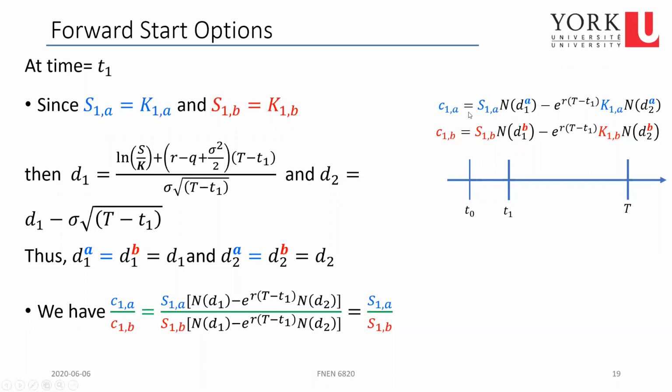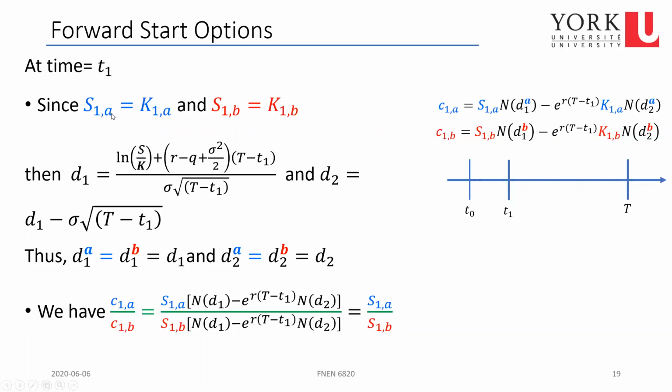So this will be the pricing formula at T1. Because this is basically just a regular simple option, this will be the Black-Scholes call price. Now, because S1A is equal to K1A, S is equal to K always.